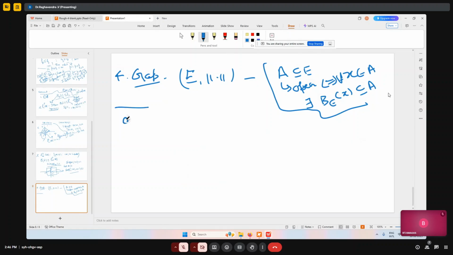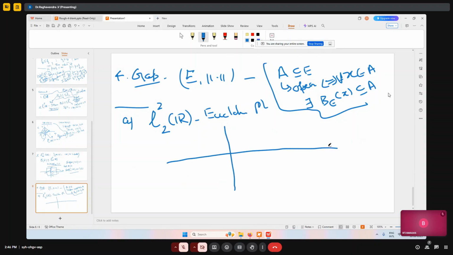So this example here is again L2, let me take 2, the usual Euclidean plane. Now let me take this set A equal to R. How does this look?